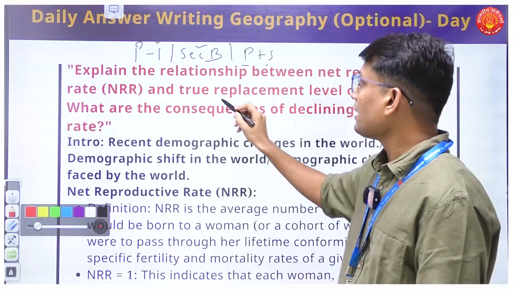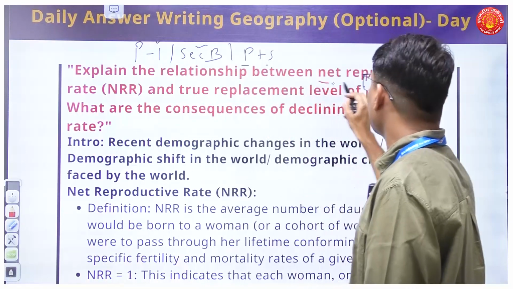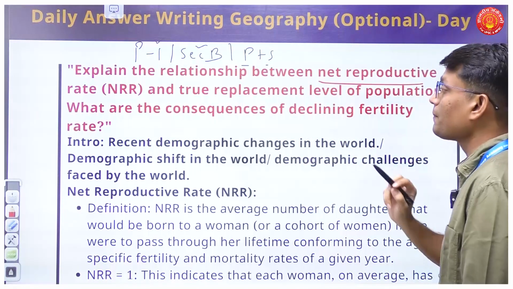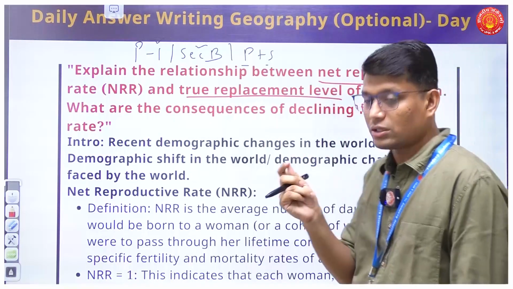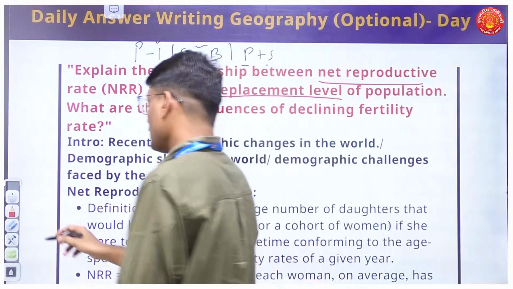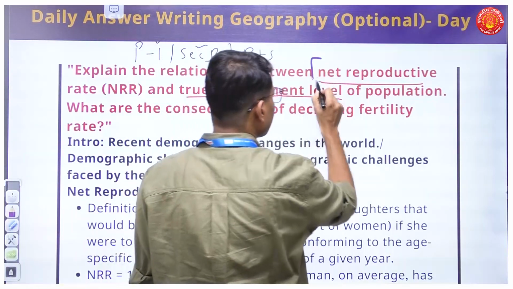So here I have a question which is asking: explain the relationship between net reproductive rate and true replacement level of population. So there are two attributes given here. Attribute 1, that is net reproductive rate. Fine.